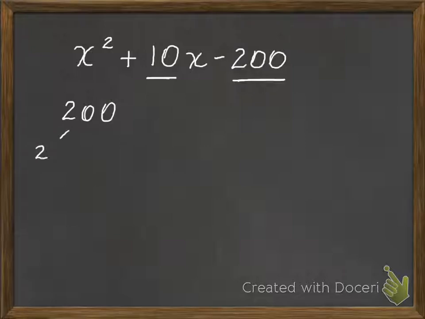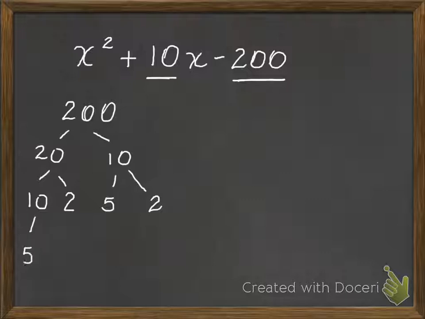You can start with any 2 factors, the first 2 that come to you, such as 20 times 10 gives us 200, and then keep breaking down the factors into the lowest primes. 20 breaks down into 10 times 2, 10 breaks down into 5 times 2, and then 10 breaks down more into 5 times 2. And now we have all prime factors.